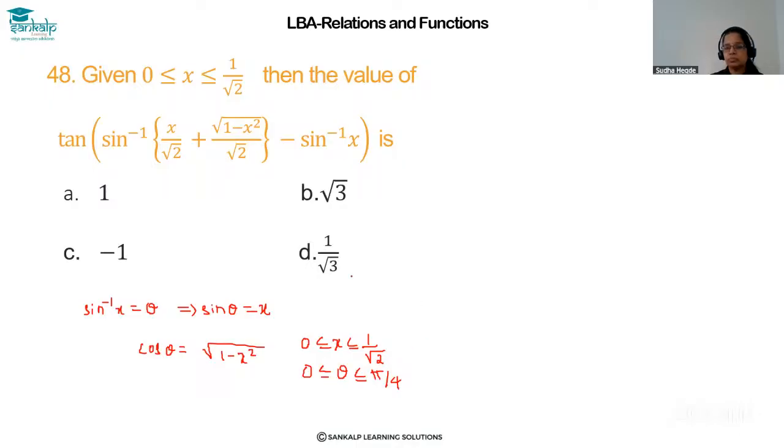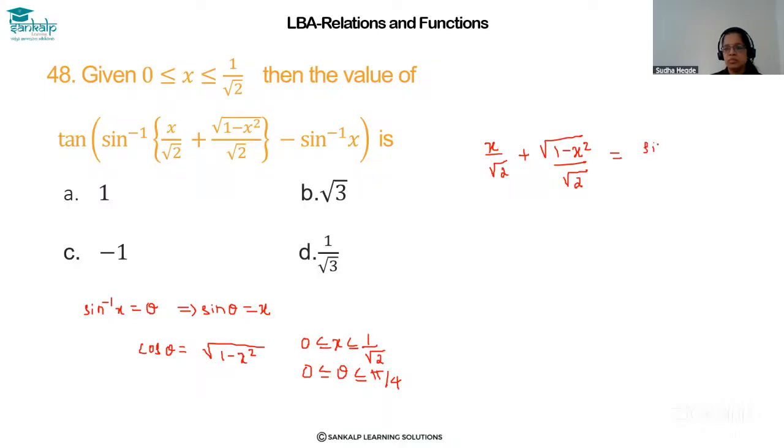Therefore, now you consider this one, x by root 2 plus square root of 1 minus x square by root 2. That is equal to, what is x?